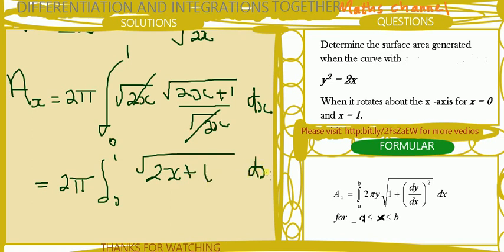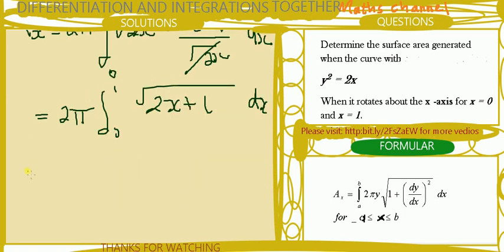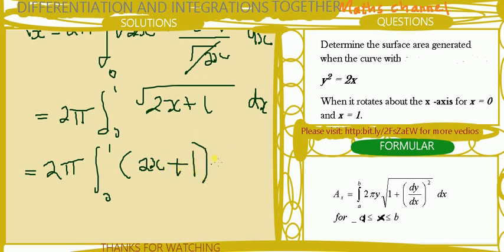At this point, we have 2 pi, and this one is the same as this, not forgetting the limits. 2x plus 1 is the same as raised to the power one half, as the square root is the same as this one.